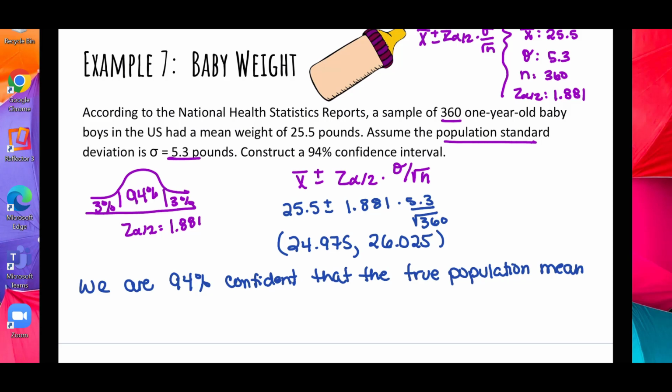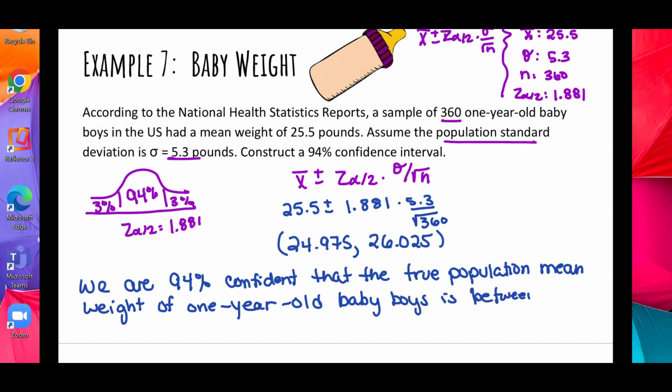So the true population mean weight of 1-year-old baby boys is between, and this one we will need to give units, 24.975 pounds and 26.025 pounds.